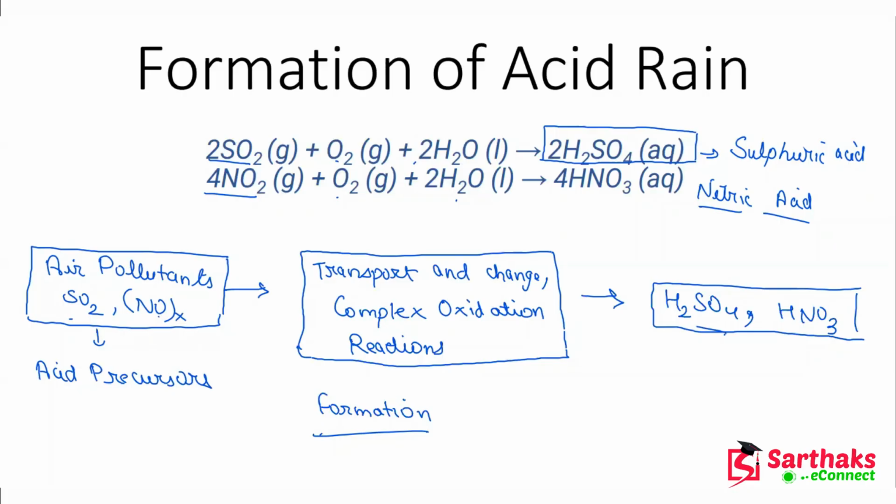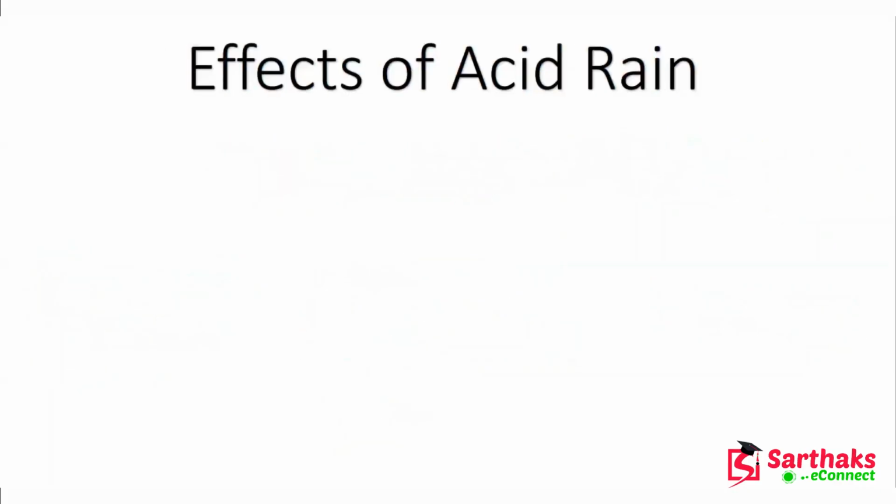Now, the next topic that we are going to study is effects of acid rain. Of course, because there are toxic substances in the rain, that rain will be harmful for us.